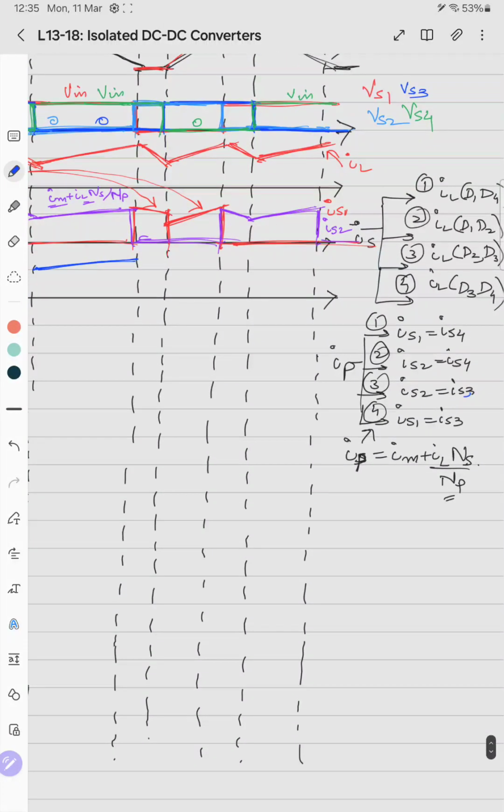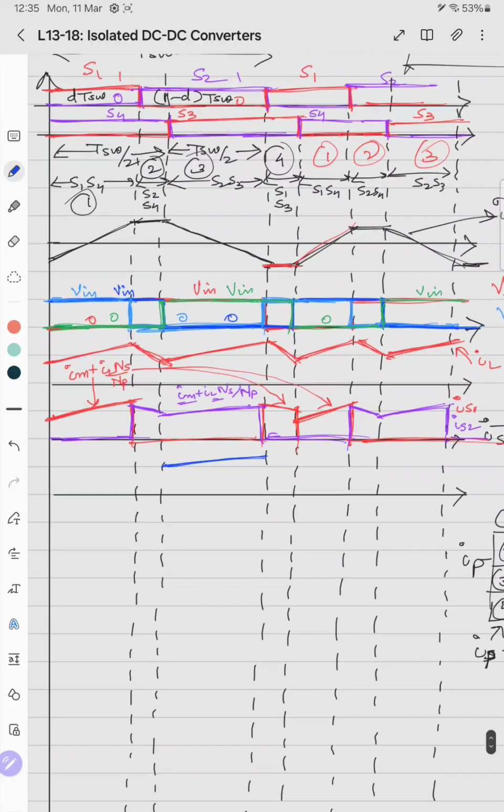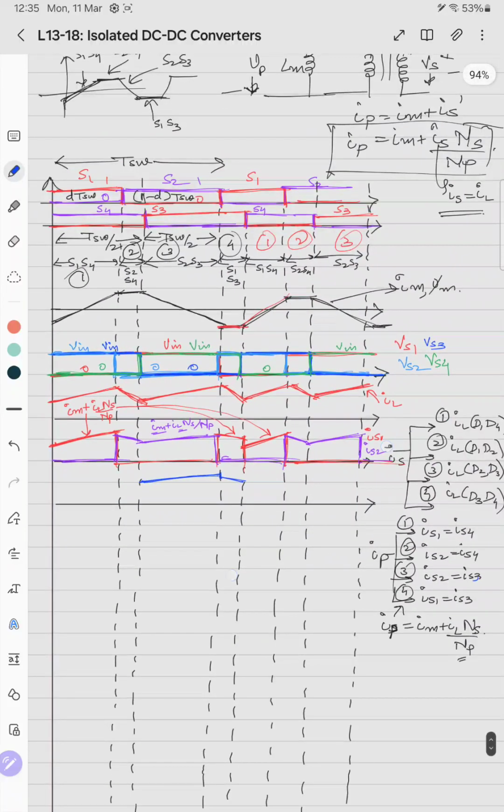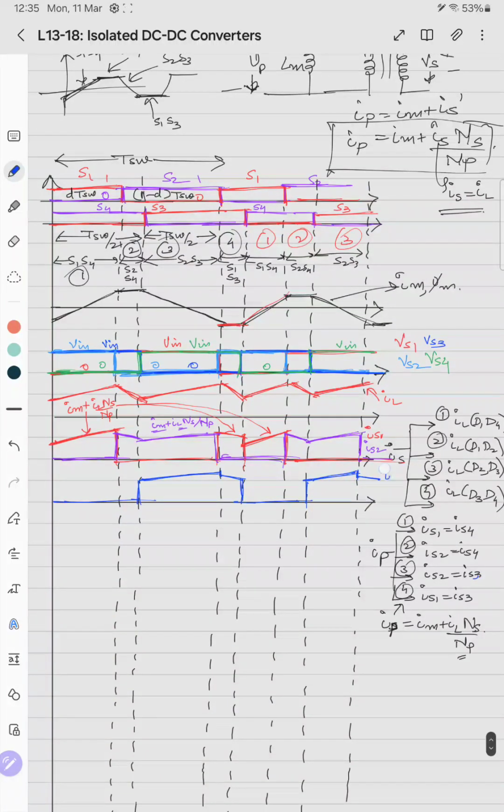And in the fourth case, Im is flat top and IL is falling. So like this. This is IS3.